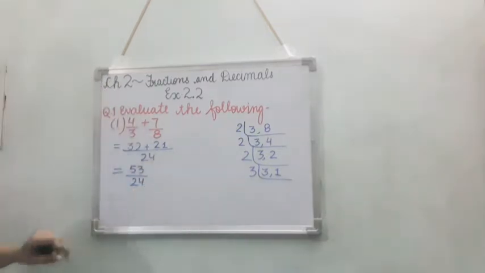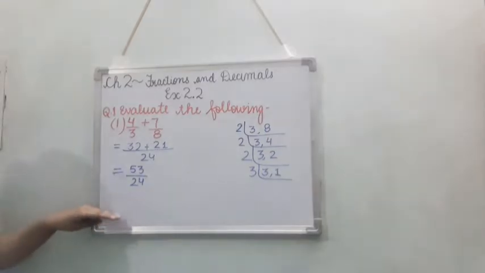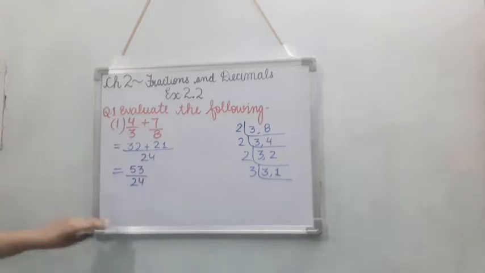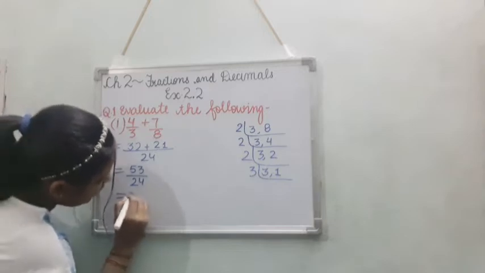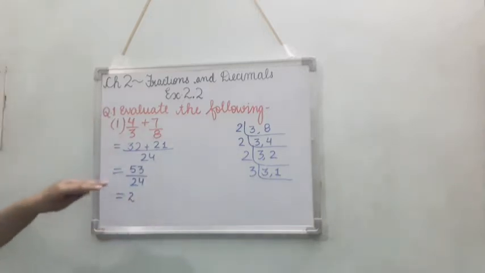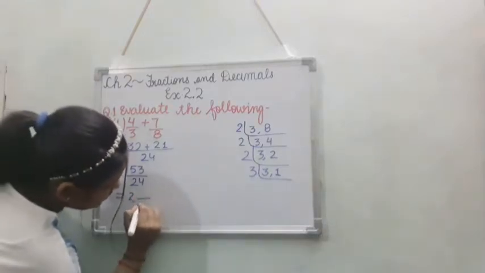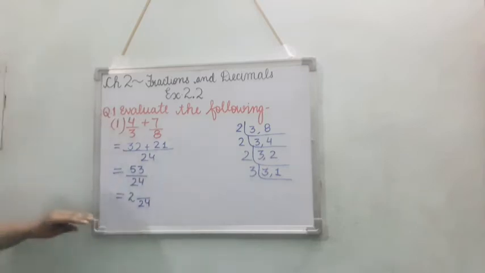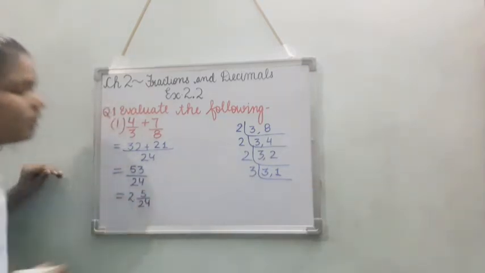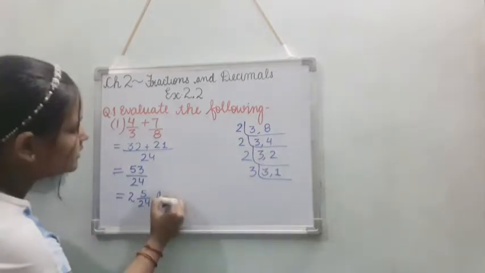As our answer is an improper fraction, we need to change it into a mixed fraction. That will be 2 as the whole, 24 as the denominator. You need to remember this very nicely, and then the remainder will be 5. Okay, and this is our answer.